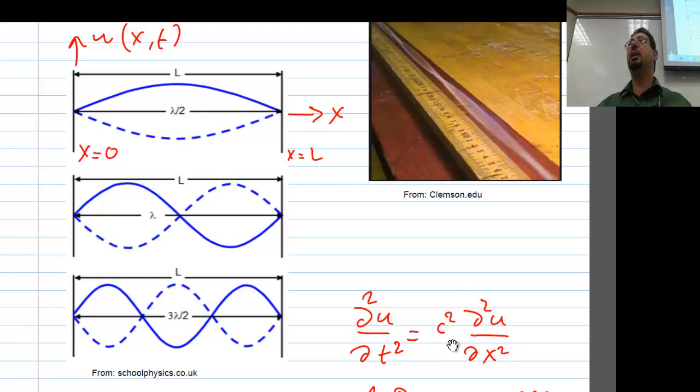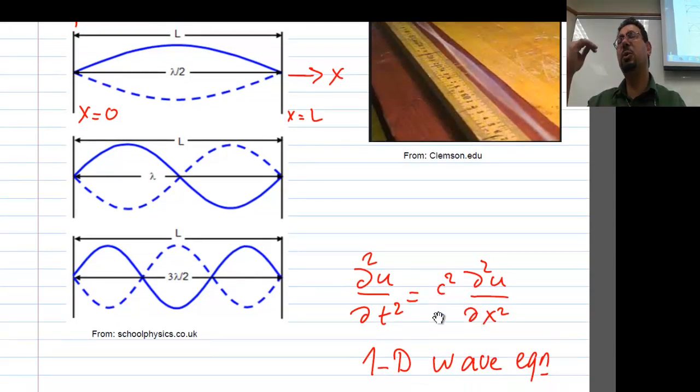That's his way of insisting it should be positive, plus 5 or plus 7, by saying it's c squared. Whatever c is, whether you pick 7 or minus 5 or 5, c squared will always be positive. So this is the 1D wave equation describing all those modes.